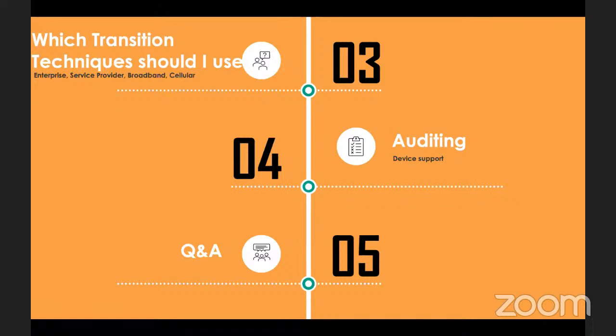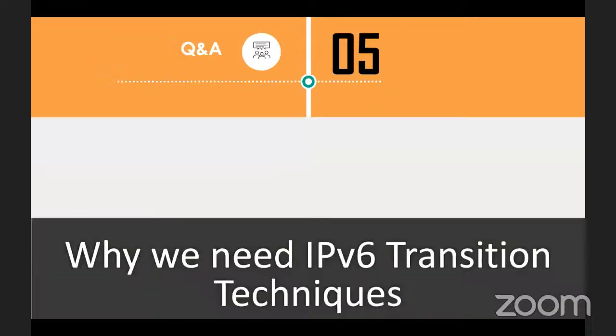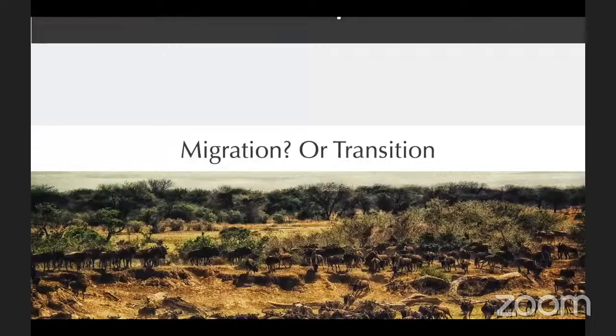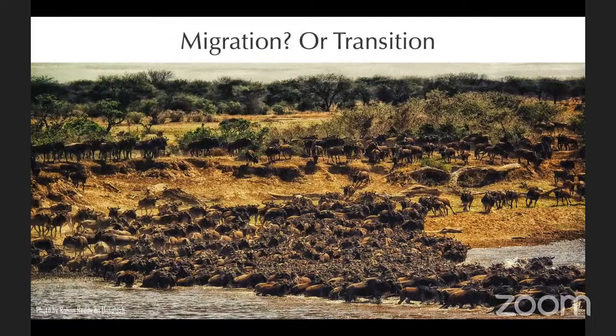Before we look at why we need transition techniques as our first objective, sometimes when you're discussing with people, some will tell you that we are migrating to IPv6. To me, it's a transition, because when you talk of migration, you're moving from v4, where you are now, to v6 and abandoning v4 completely.